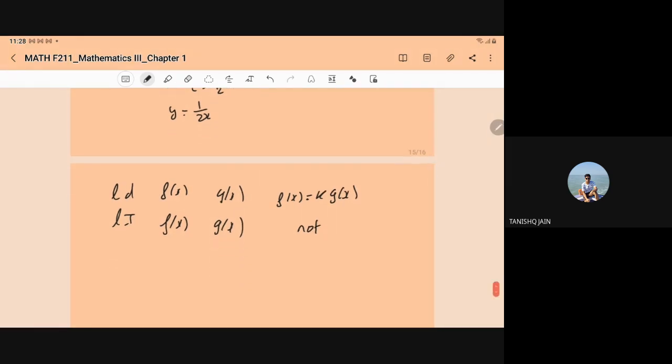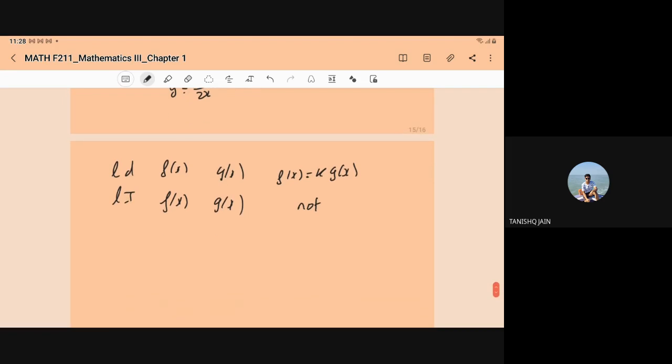What is the other definition you have studied in linear algebra? If you can write a non-trivial linear combination of f(x) and g(x) equal to 0, then it is linearly dependent, otherwise it is linearly independent. It means if we have c1 f(x) plus c2 g(x), that is the linear combination.